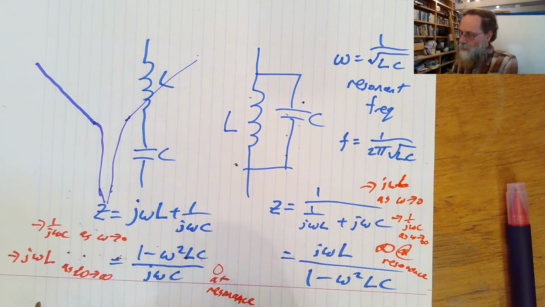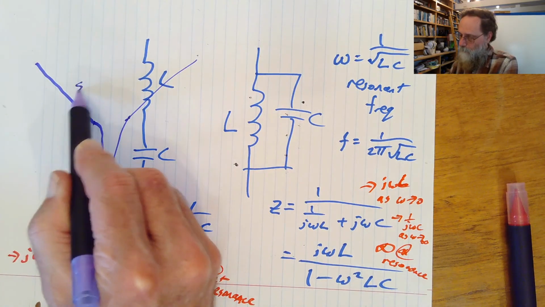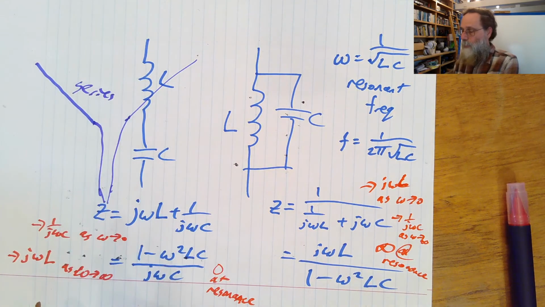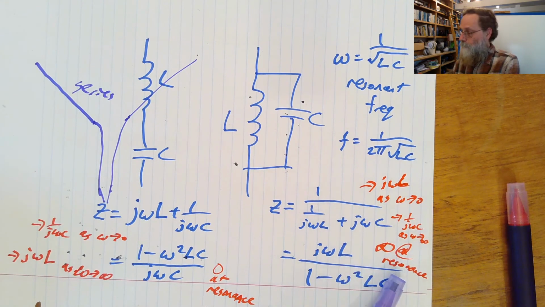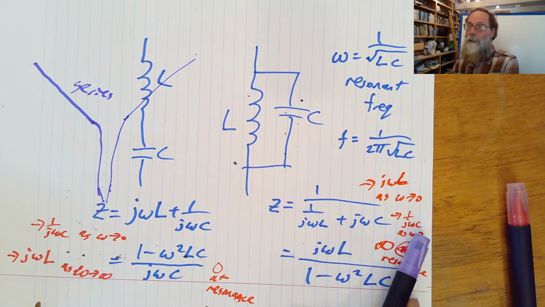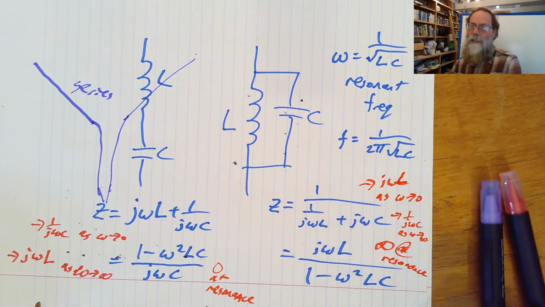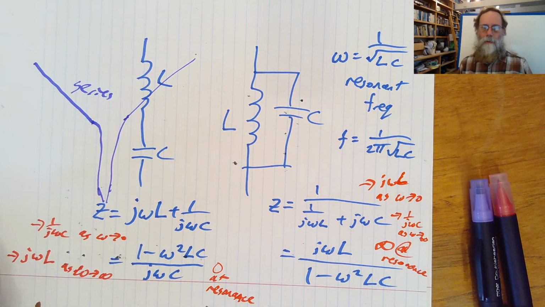So that's what the series arrangement looks like. And the parallel one is going to do pretty much just the opposite. It's going to come up as an inductor, shoot off to infinity, and then come back down from infinity like a capacitor. Let's take a look at this thing in gnuplot.